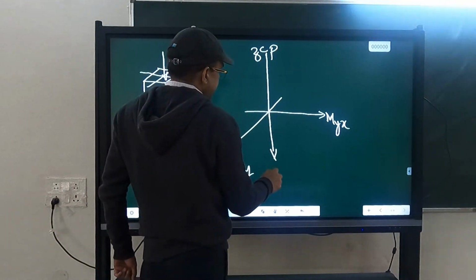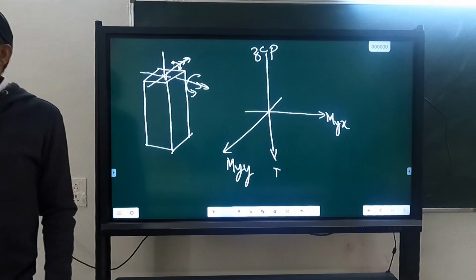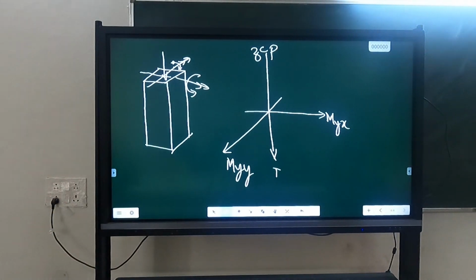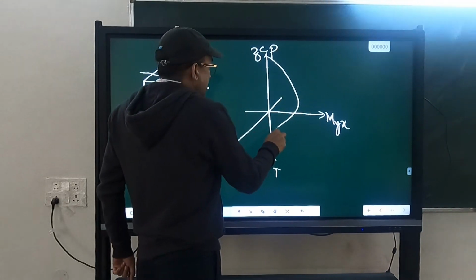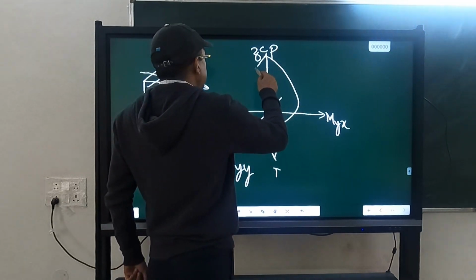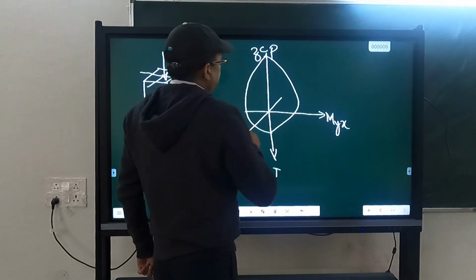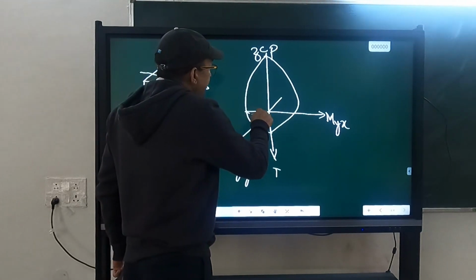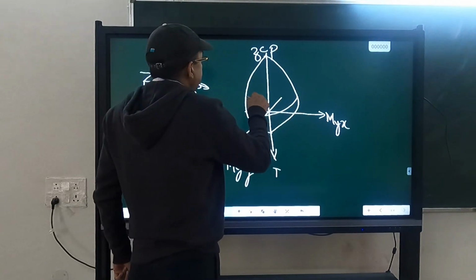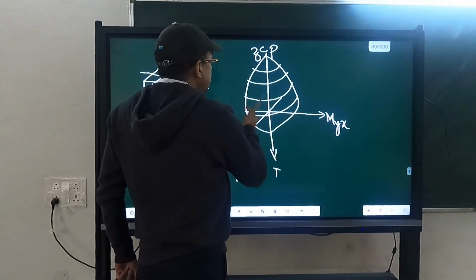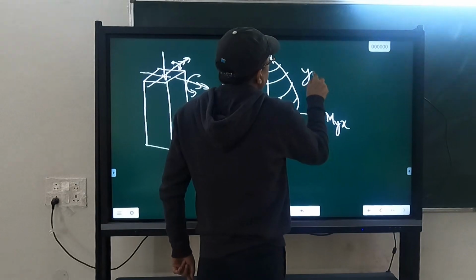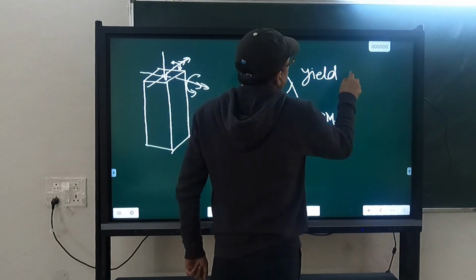This is compression, this is tension. Tension we are taking positive as an axial force. So one interaction curve you will get with respect to x, another interaction curve you will get with respect to y, and in between, if you join them, so this will become the yield surface.